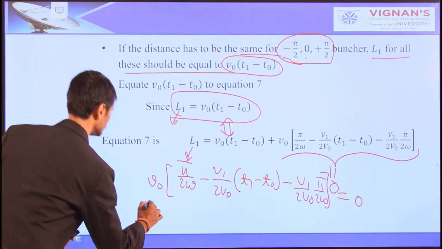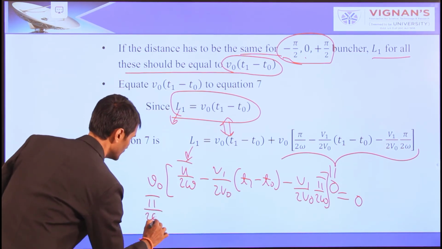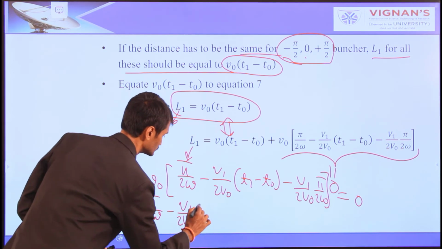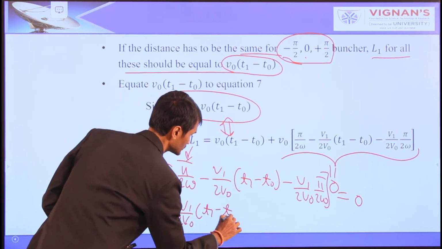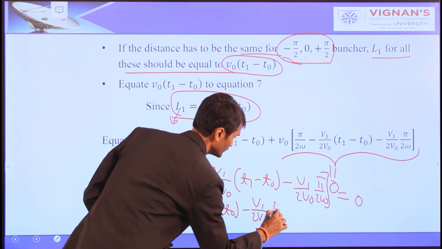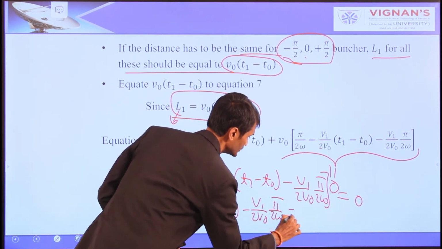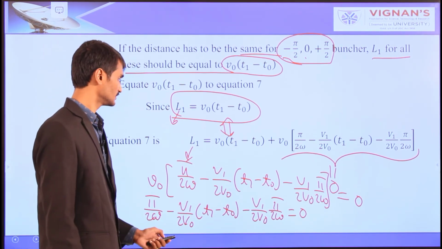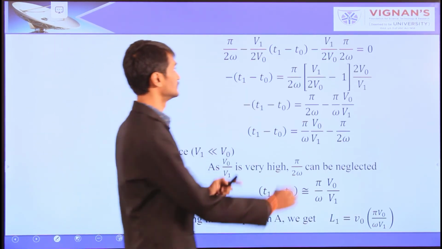So from this, pi by 2 omega minus V1 by 2 V0 into (T1 minus T0) minus V1 by 2 V0 pi by 2 omega is equal to 0, right? So this will be there here.